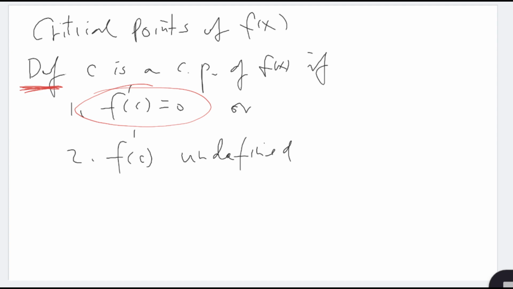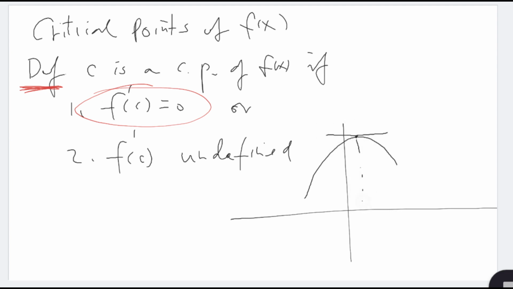Graphically, what it means is you have a graph, like this. That's where you can place a horizontal tangent line. That's a critical point. You can call it C1. You could have a graph coming down, then there's a sharp corner here. This is a location where you cannot place a horizontal tangent line.